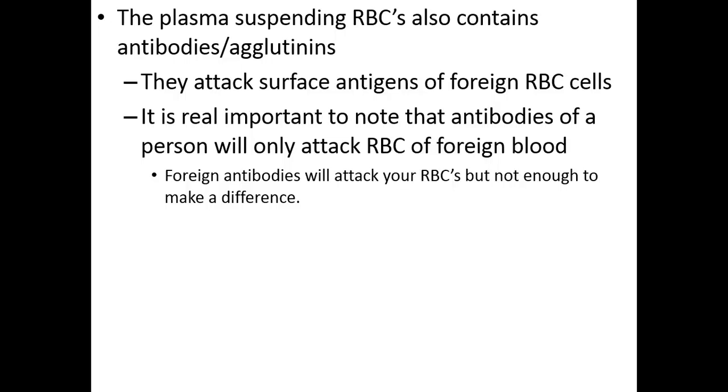Antibodies' job is they attack the surface antigens of foreign red blood cells, meaning you have type A blood. If something other than type A comes in, you have antibodies that will come in and attack it. But those antibodies are specific to a type of red blood cell.